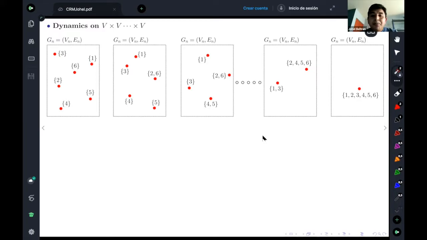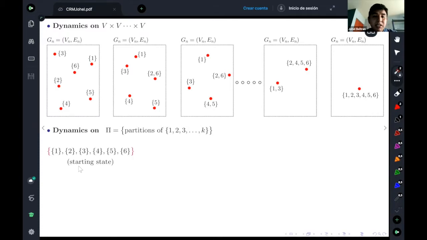Good. As you can see, in a very natural way, these dynamics induce a dynamics on the set of partitions of the numbers from 1 to k. The starting state is the partition of singletons, because each particle occupies just one vertex. After some time, we will see a partition like this. This is the partition obtained from the configuration of particles.